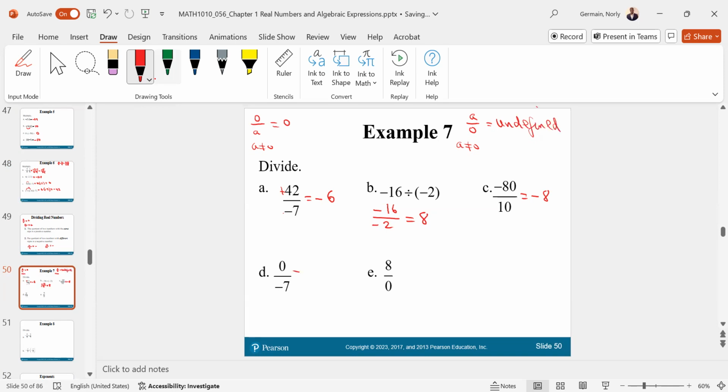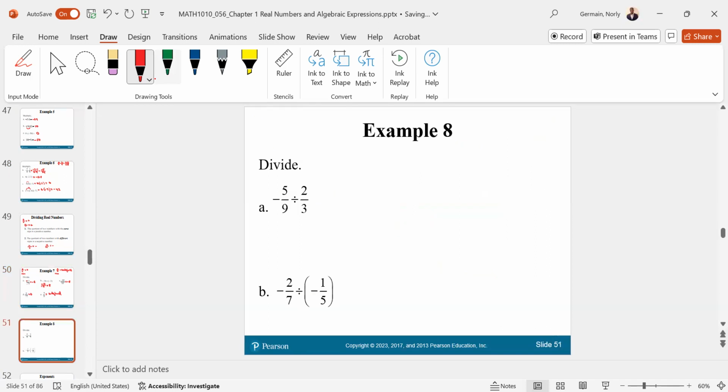So 0 over 7 is, we cannot say -0, so it's simply 0. 8 over 0 is undefined. Do you know why? It's undefined because there is no number that gives a product of 8 when multiplied by 0. That's very important to remember, all right?